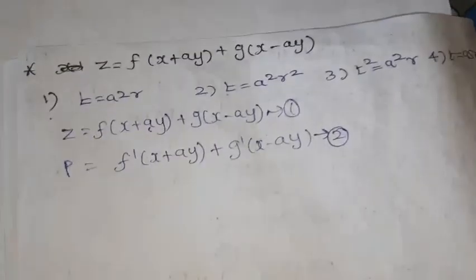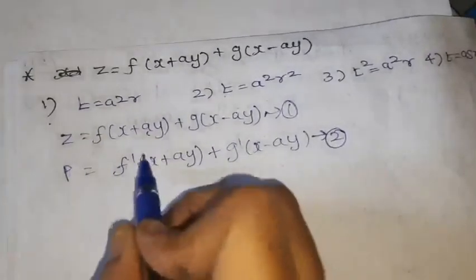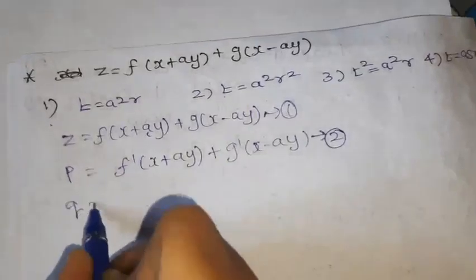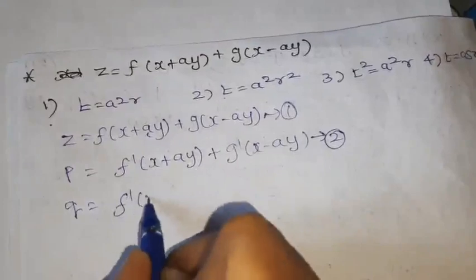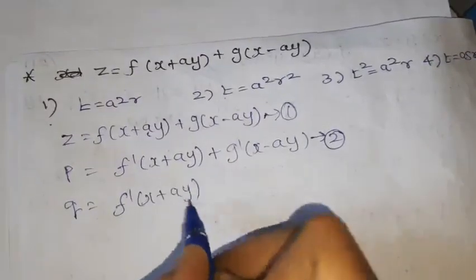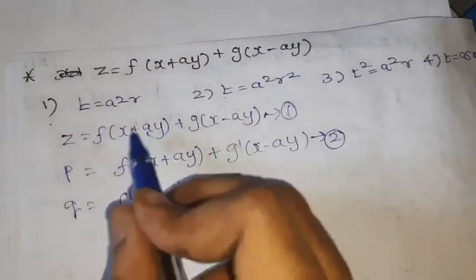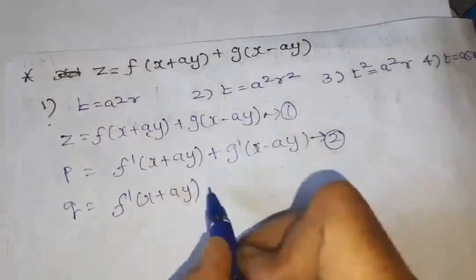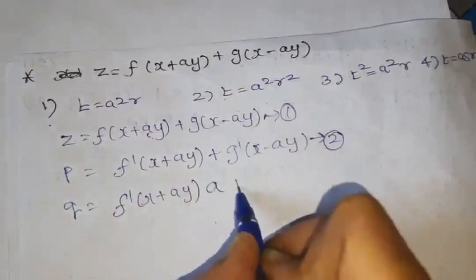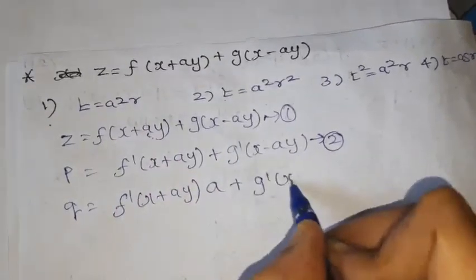Then we need to partially differentiate with respect to y in the above equation. ∂z/∂y = q. So f'(x + ay). When we differentiate x + ay with respect to y, what will we get? The x term won't come, then ay is nothing but a. So plus g'(x − ay).